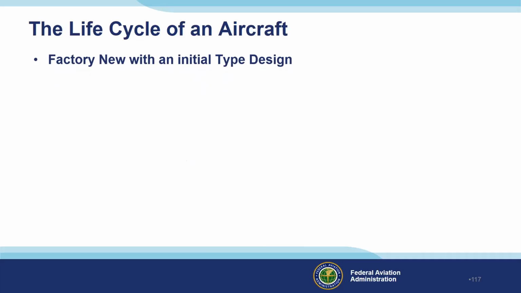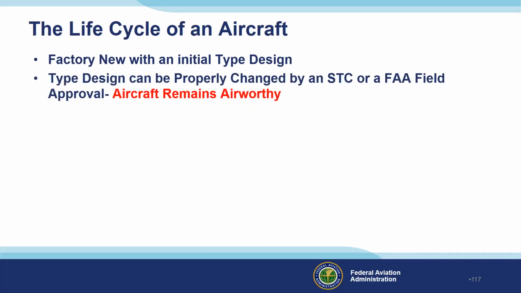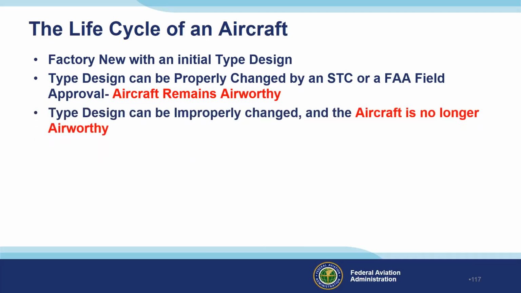So we get an aircraft that's factory new, has the initial type design, and the type design can be properly changed by an STC or field approval. Aircraft remains airworthy. Or the type design can be improperly changed. Aircraft is no longer airworthy.